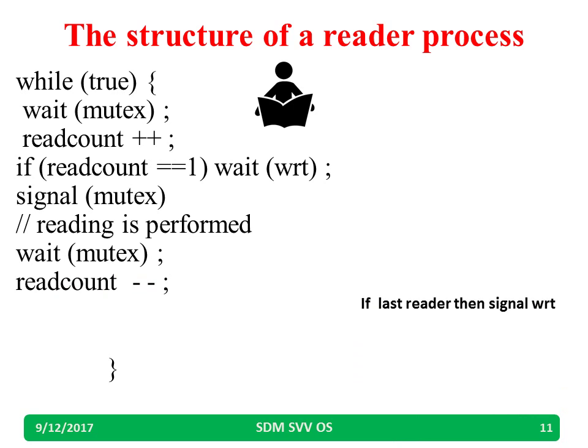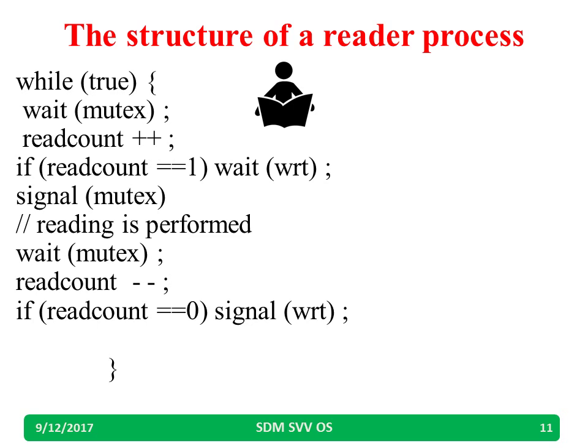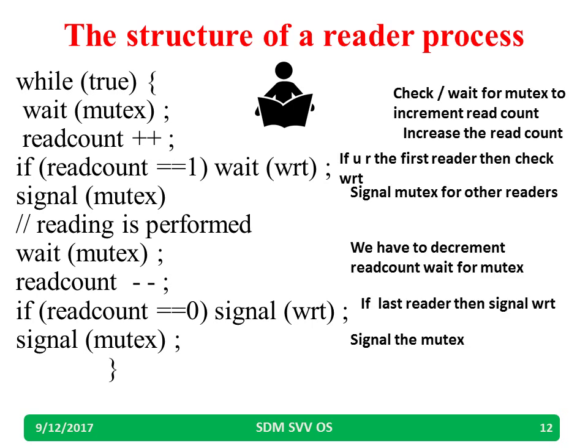Your work is over, so signal the mutex, and if you are the last reader, signal WRT so that writers can start writing. So this is the basic working of a reader process. Please read it once again and try to understand the concept. For all these steps, we have written the program instructions.